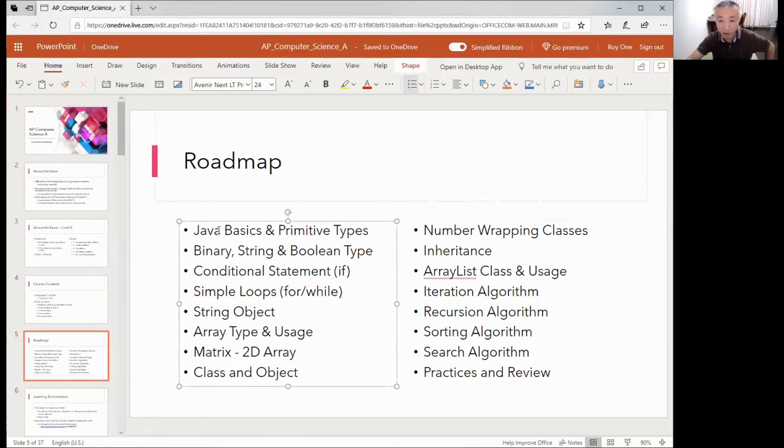Anyway, we're going to talk about some Java basics, primitive types, binary, strings, Boolean types, and then we are going to introduce conditional statements with the if keyword, because a computer needs to think.